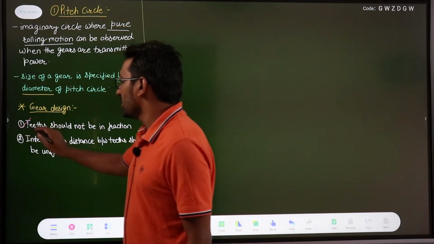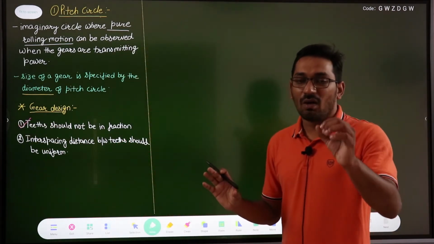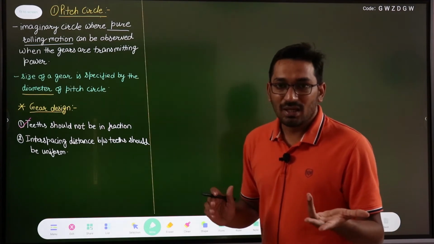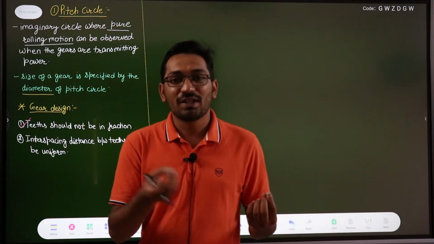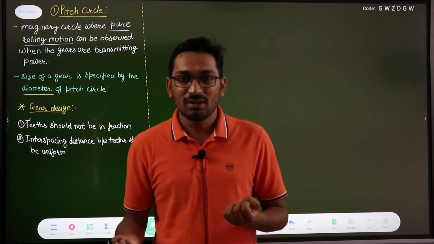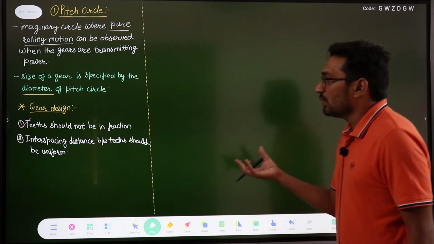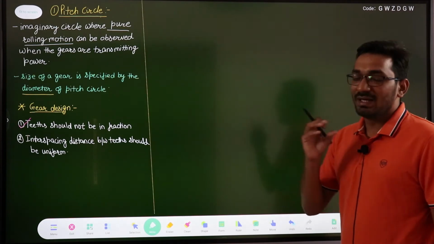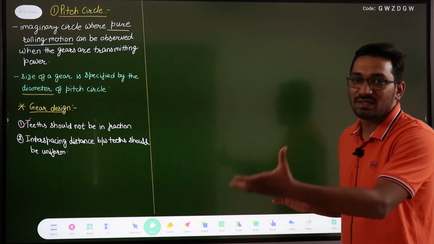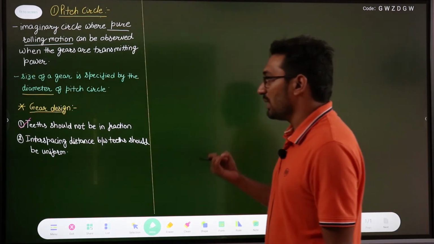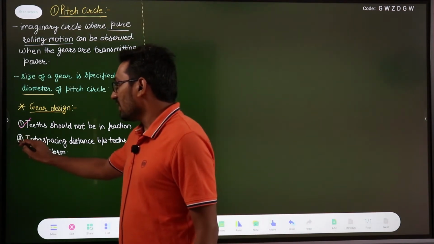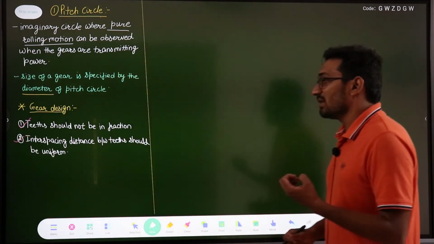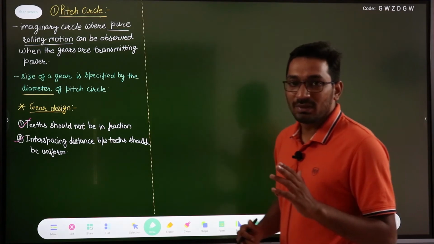Teeth will always be in integer. It is not like the number of teeth on a gear is 3.5. That is not a way to design a gear. The number of teeth on a gear must be an integer, like 3, 5, 16, 12. So the number of teeth should be an integer, and the spacing between the teeth should be uniform, right?